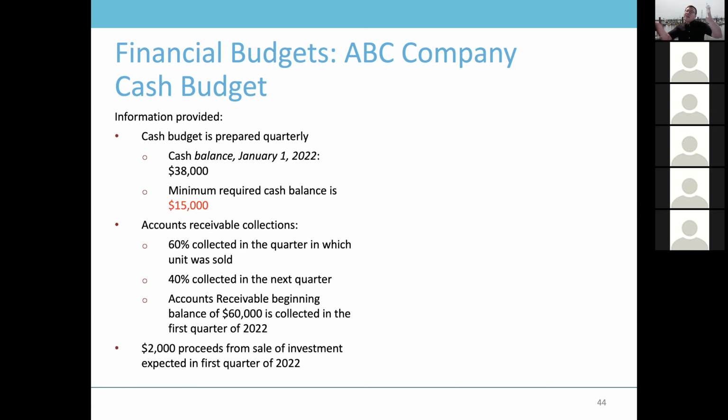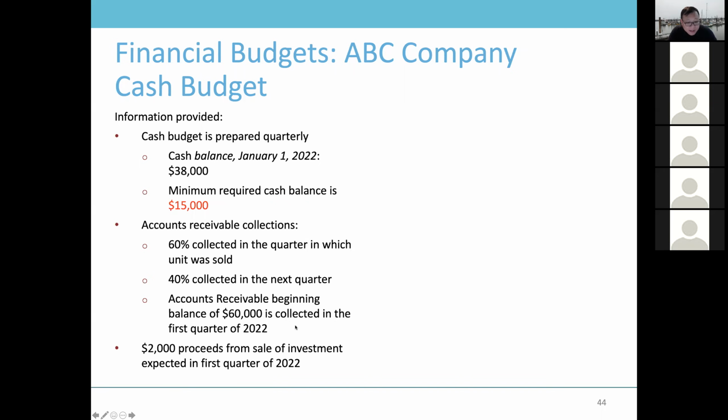So if I sold these units in this quarter, I'm able to convert 60% of the credit sales into cash, leaving the other 40% for the next quarter. So if I sold $100 credit sales in quarter 1, I'm only able to collect $60 in quarter 1, and then collect the other $40 in quarter 2, okay?